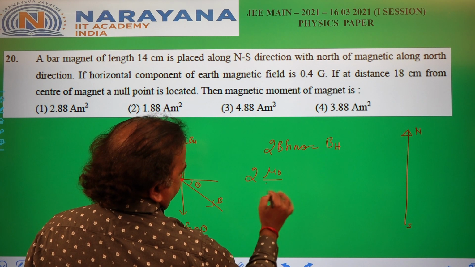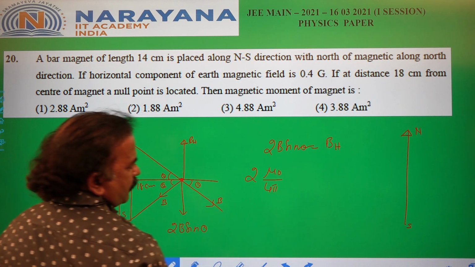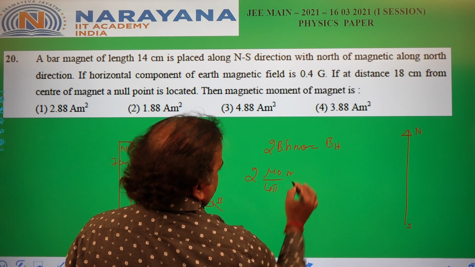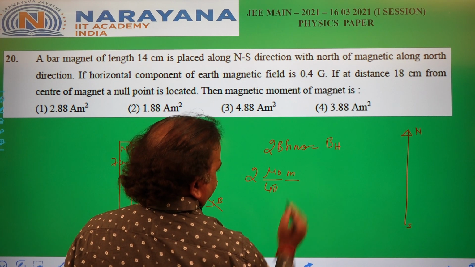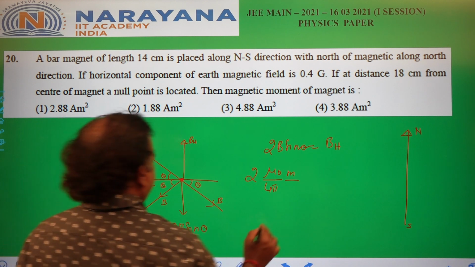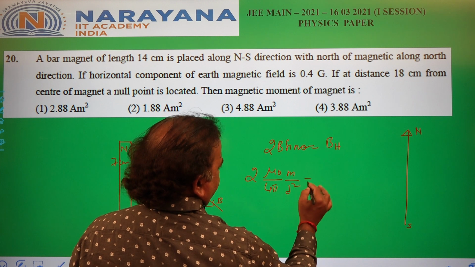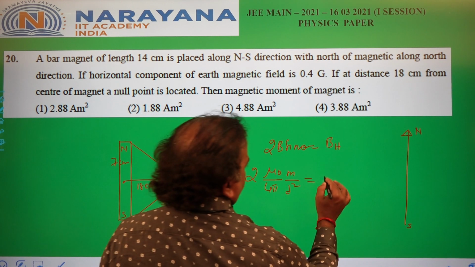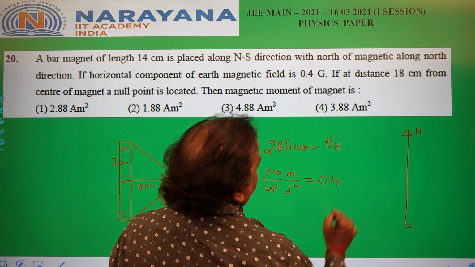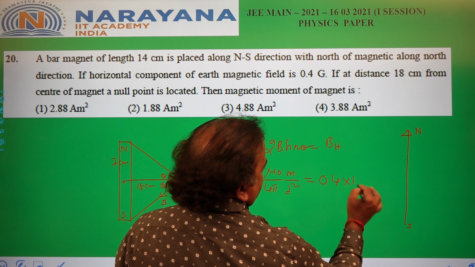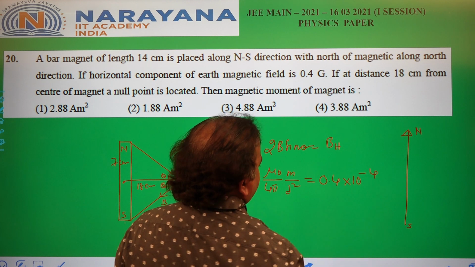Mu naught by 4 pi, small m by d square or r square. BH is already given as 0.4 into 10 power minus 4 Tesla.